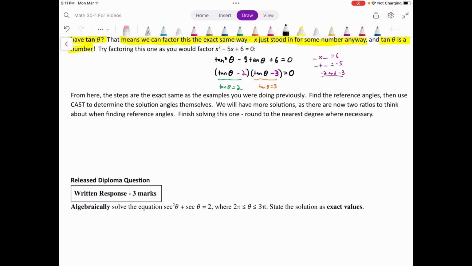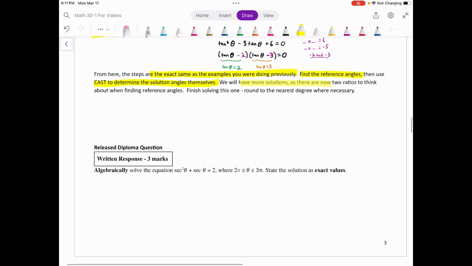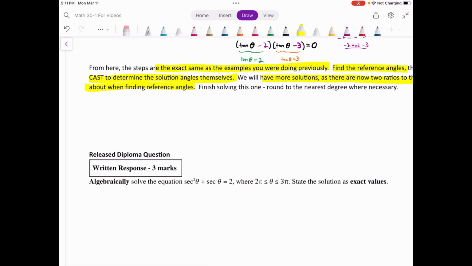Okay, so here we go. From here, the steps are the exact same as the examples you were doing previously. Find the reference angles, then use CAST to determine the solution angles themselves. We'll have more solutions because there's now 2 ratios to think about when finding reference angles: tan theta is 2 and tan theta is 3. So let's finish solving this one. Step 1, we already did up there.